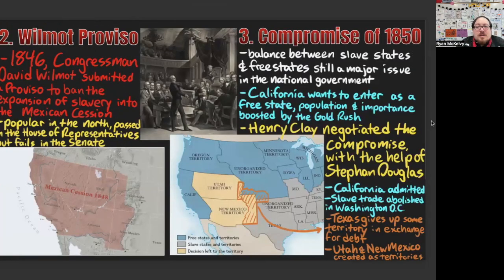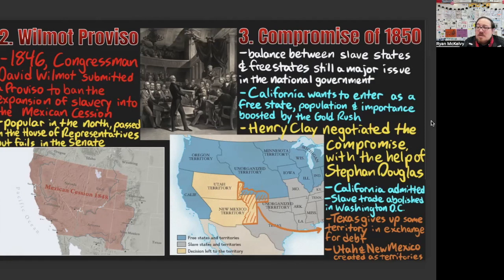Our next term, the Wilmot Proviso. Again, this deals with this area that we have taken from Mexico, which is the Mexican Cession. Wilmot was a member of the House of Representatives, and he will issue this and basically starts this big debate in Congress about whether or not we should ban slavery from expanding into the new territory that we have taken from Mexico.